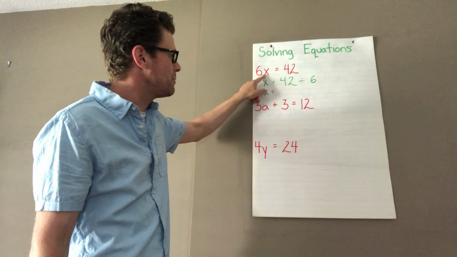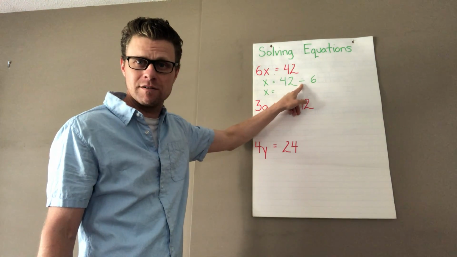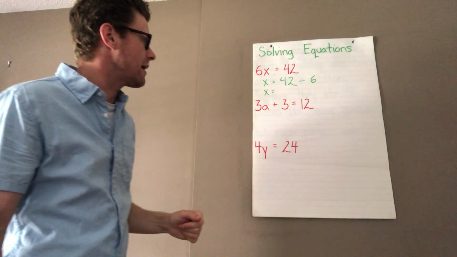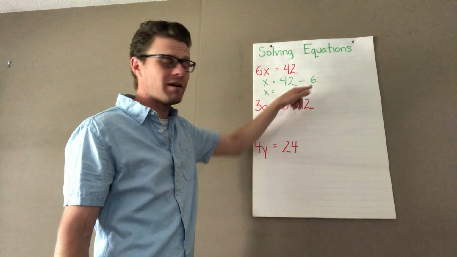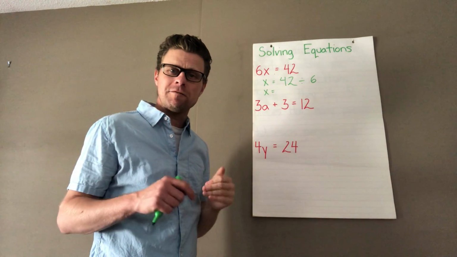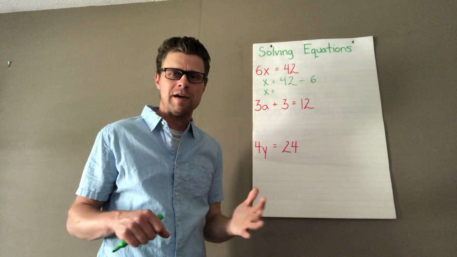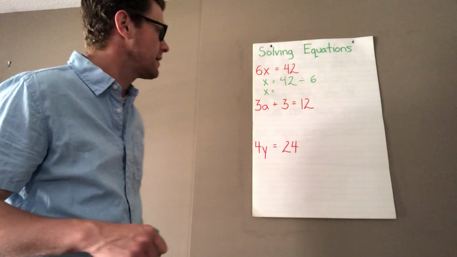But instead of it being represented by multiplication, it's now being represented by division. So we need to figure out now how many groups of 6 are there in 42. And you can find this out by skip counting. You can find it out by using a number line, or if you know your multiplication facts or division facts, then you've got it. Okay?